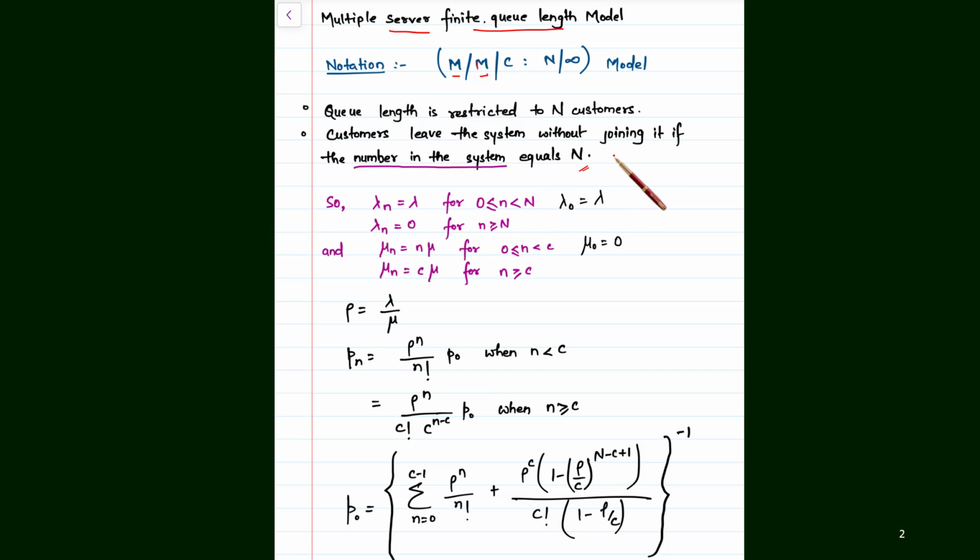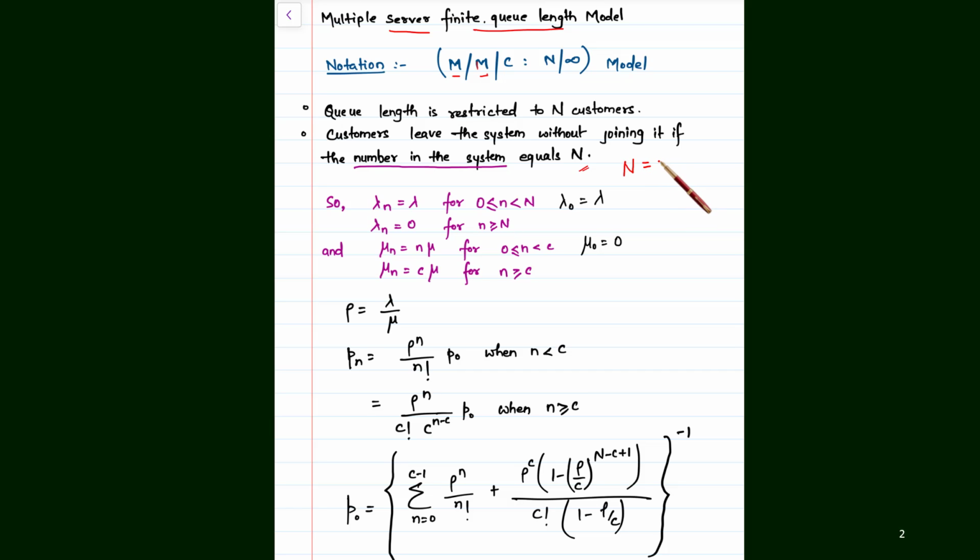So actually what is N? Here it is written if the number in the system equals N, means N is basically the number of people in the queue plus the number of people who are getting service.